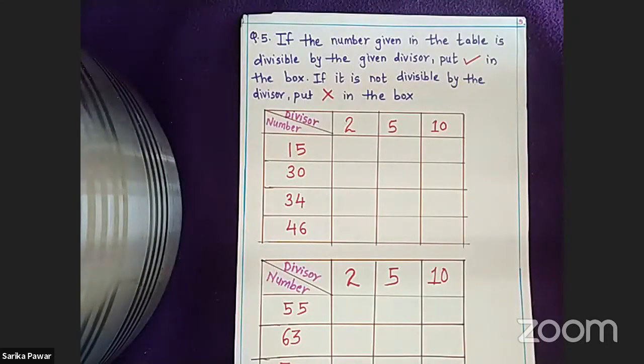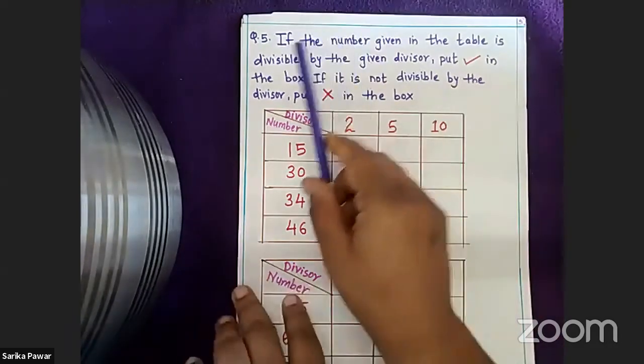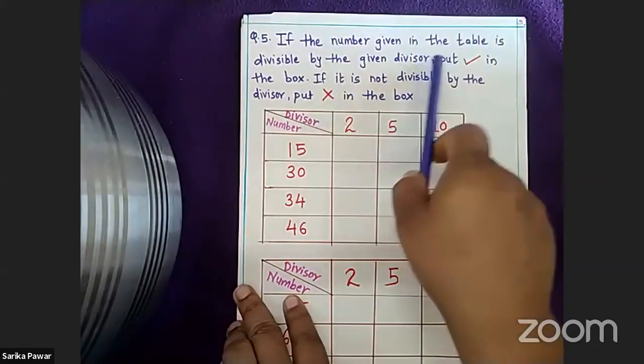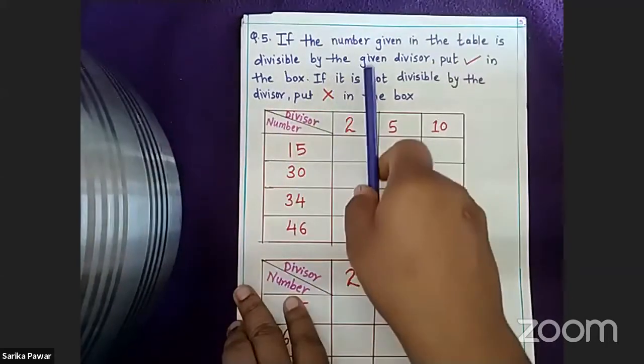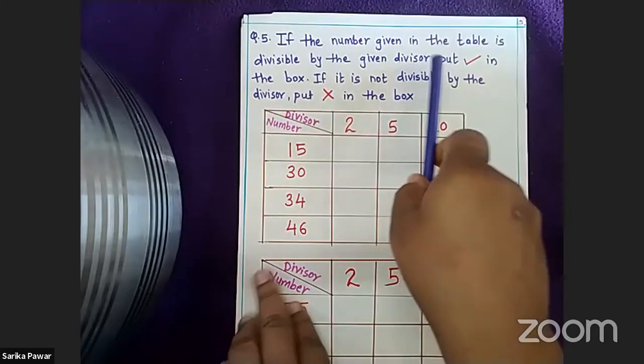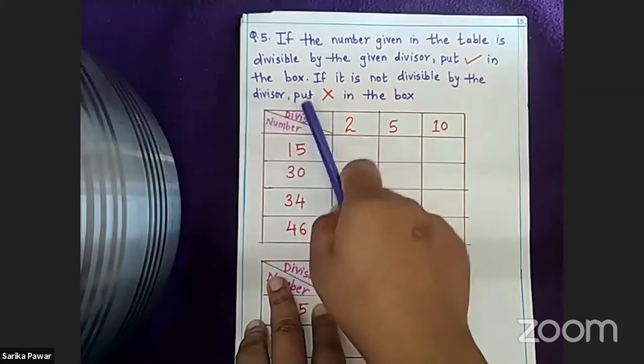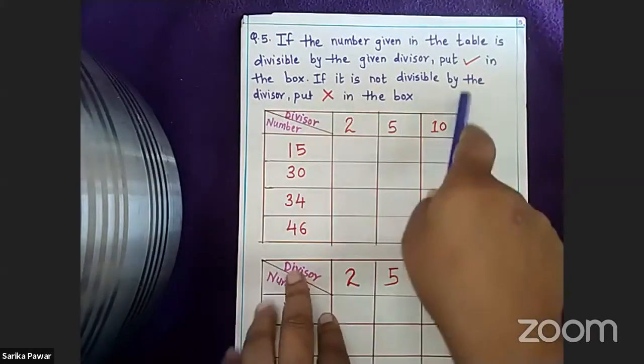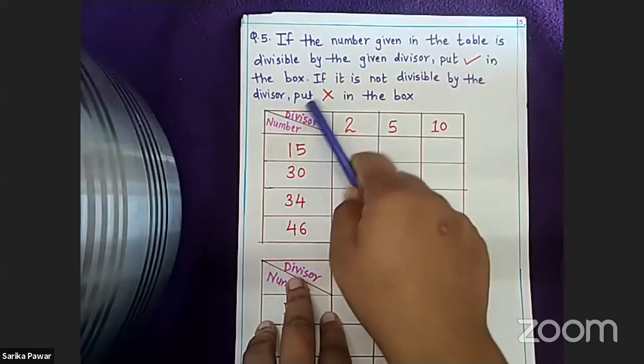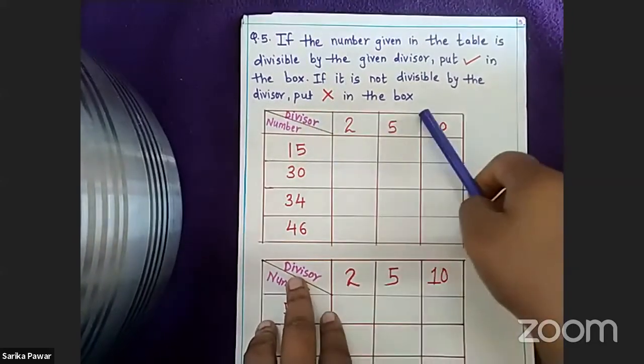Now it will help you to solve this table. Now you have to answer me one by one. I will read the question first. If the number given in the table is divisible by the given divisor, put a correct sign in the box. If it is not divisible by the divisor, put a cross in the box.